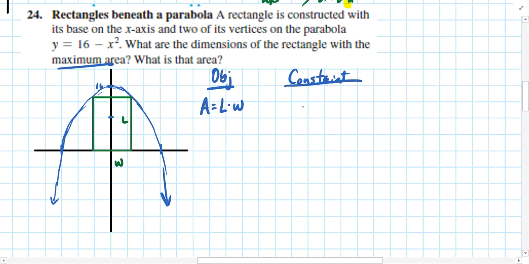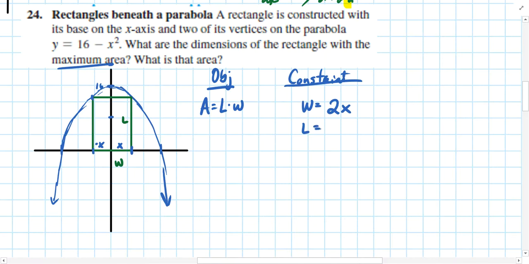What we're going to recognize is that the width of the rectangle is closely related to the x value, or the x coordinate of this vertex. And so if x is the measurement here, then negative x is the measurement over here. When we're talking about the width itself, the width of the rectangle, that's simply 2 times x.